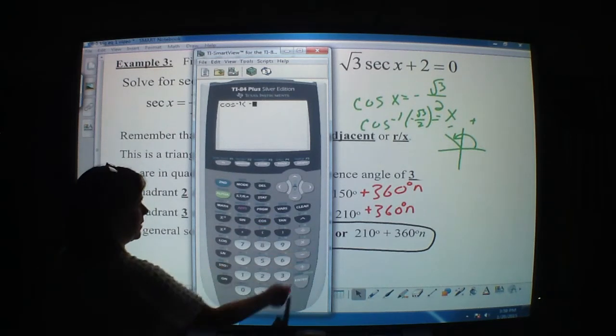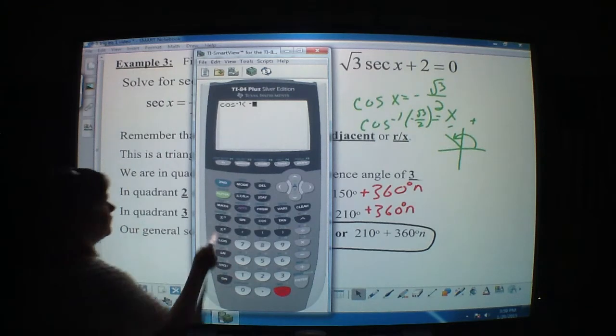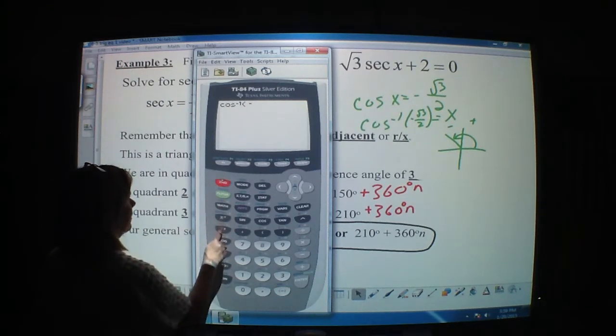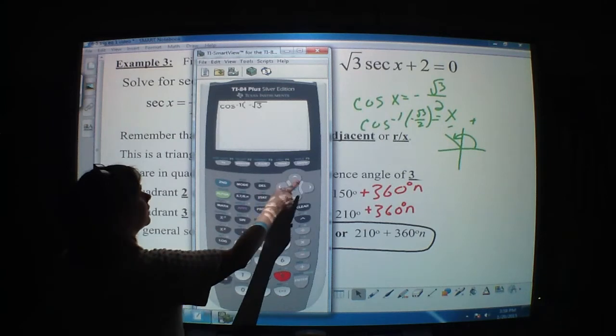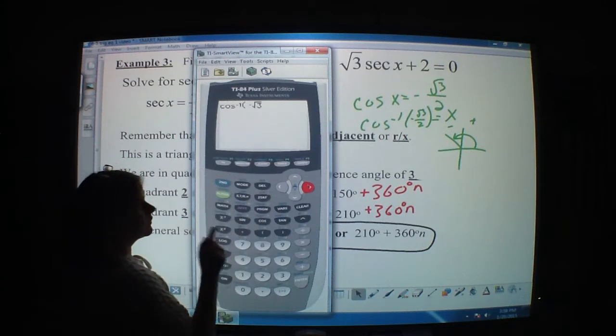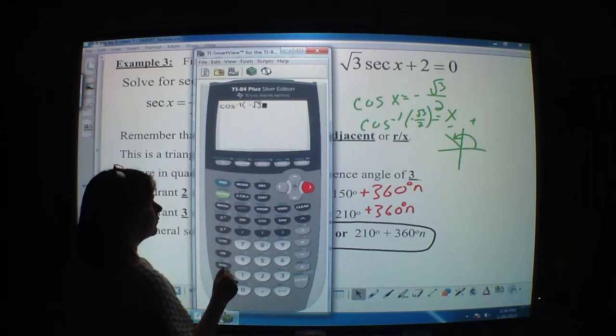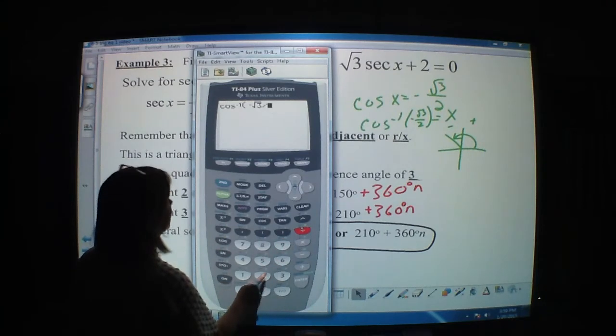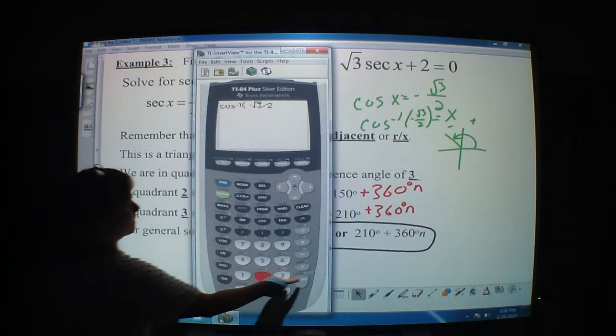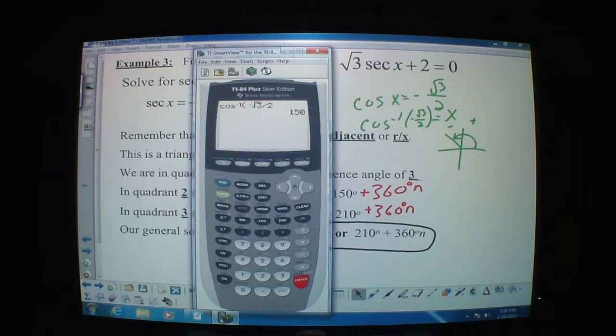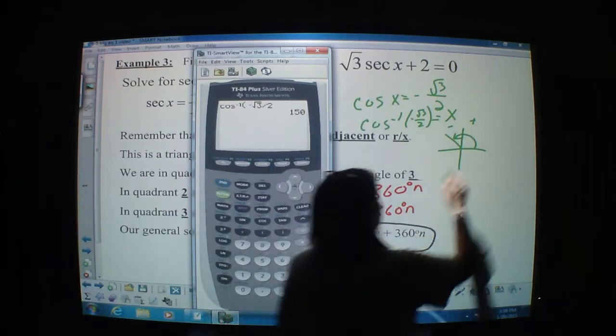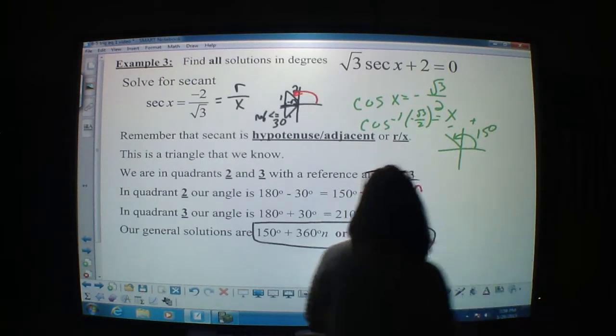There's my negative, that's minus, that's negative. You can move the arrow over so the divided by 2 will not be under the radical. And notice I got 150.